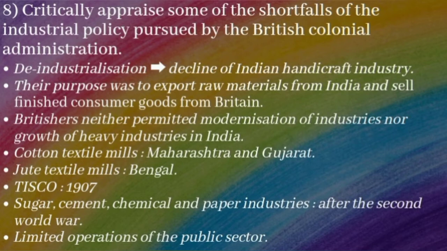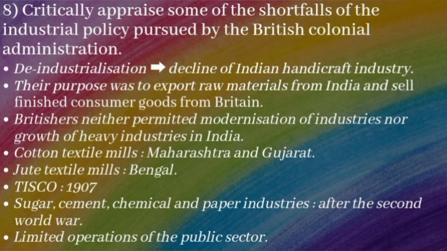Then cotton textile industries, dominated by Indians, were mostly set up in the western parts like Maharashtra and Gujarat, and the jute textile mills, dominated by foreigners or Britishers, were set up in Bengal. Then TISCO, that is Tata Iron and Steel Company, was incorporated in August 1907 in Jamshedpur, Bihar.